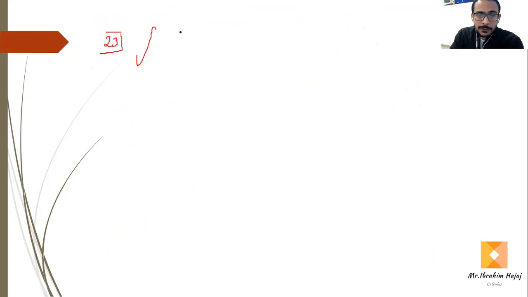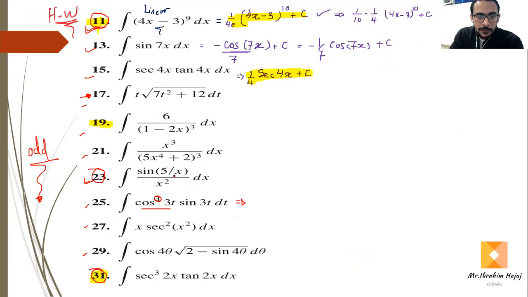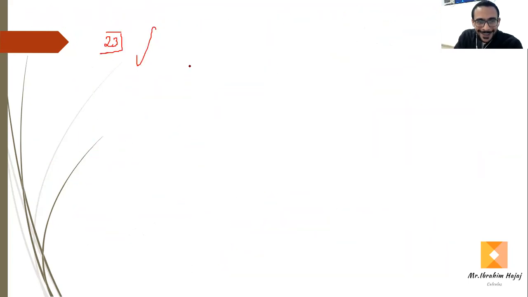The integral of sine of 5 over x, and this all over x squared, and then dx.